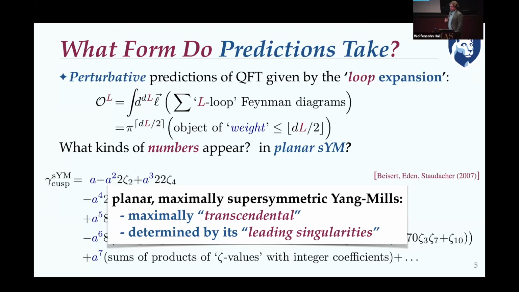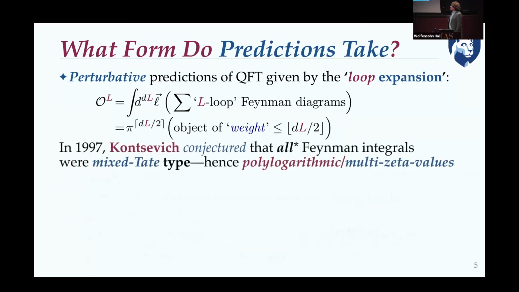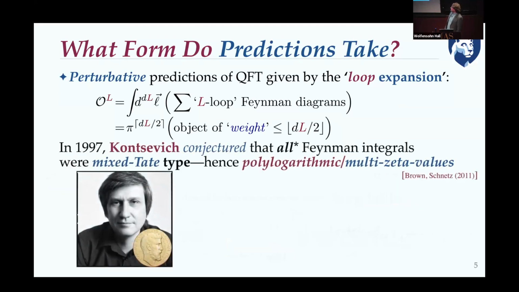Now, I believe both of these statements are true, but only if you take a slightly more generous understanding of what transcendental means and what leading singularity means. And in particular, in 1997, Kontsevich conjectured that at least in phi-4 theory, I think it was a restricted conjecture, those numbers would be of mixed Tate type, and Brown and Schnetz in 2011 proved that that would imply that they would be multiple zeta values all the way down.